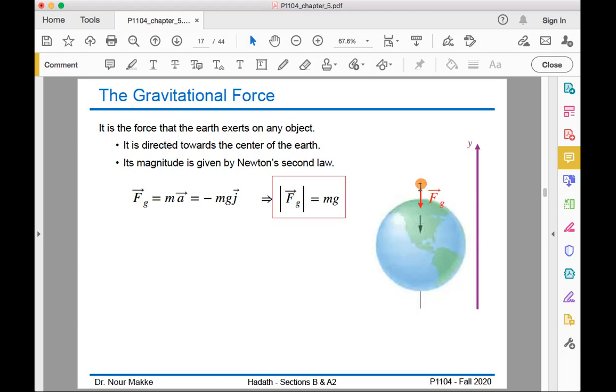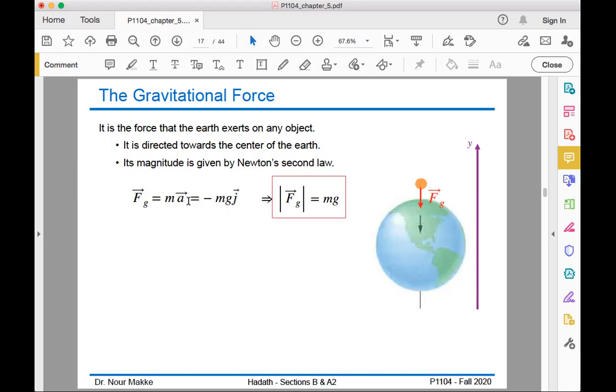If we consider this object here, near the surface of the Earth, and no other force is acting on the object except the gravitational force, then we can say that this force is Fg, the force exerted by the Earth, pulling the object downward. So Fg, according to Newton's second law, is equal to ma.